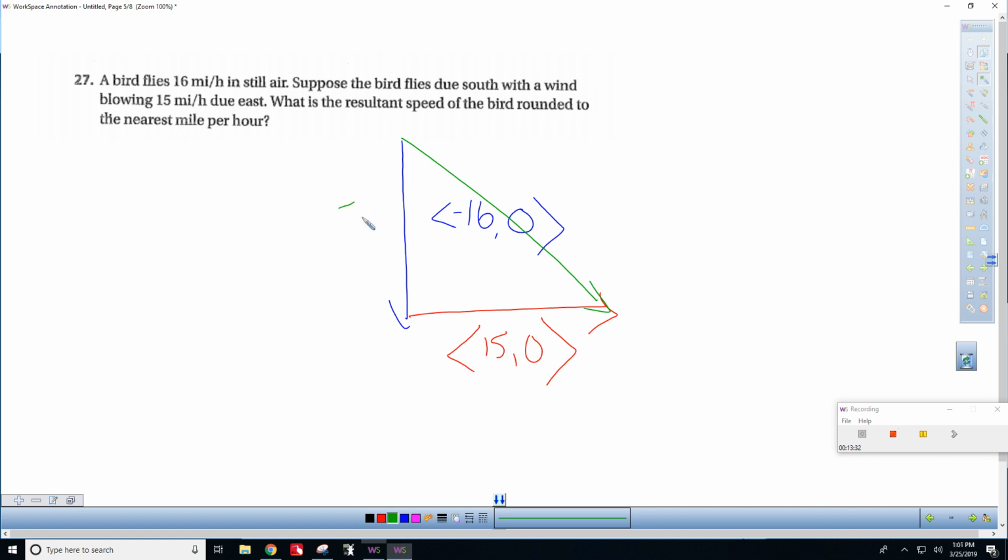Pythag. This green vector is negative 16. This should be 0, negative 16, the blue vector.